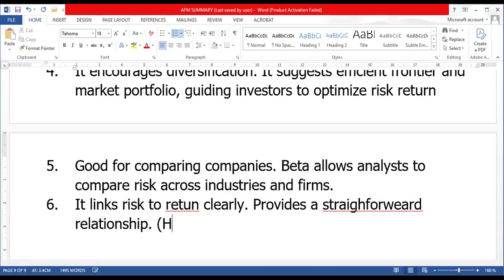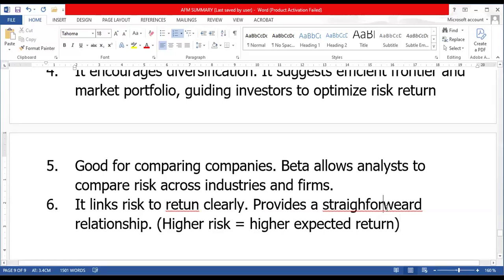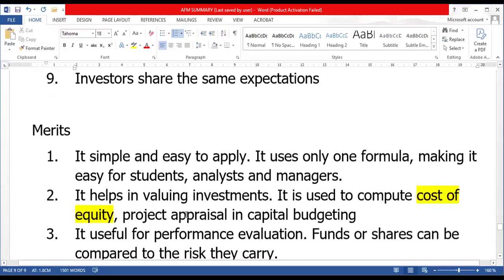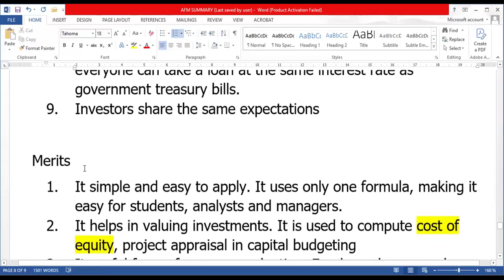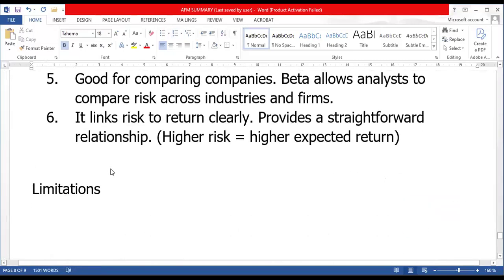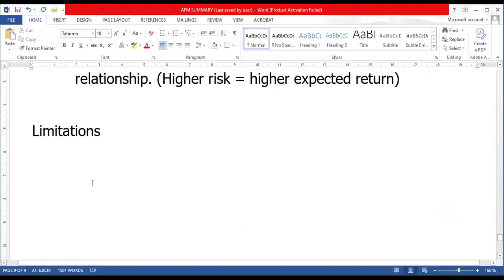The higher the risk, the higher the expected return. Okay, so that's what you can put. If you can recall like 4 points, the better. If they ask you the relevance, the merits, you put all this. Then of course you can search and get more points, but let me pause here.